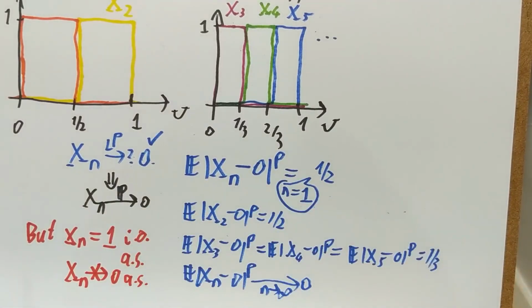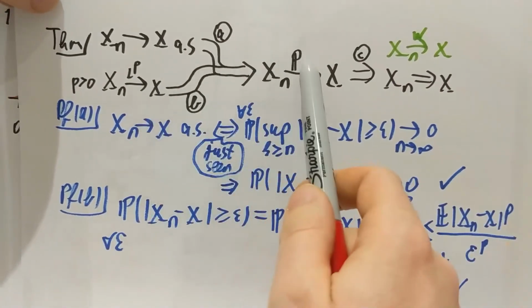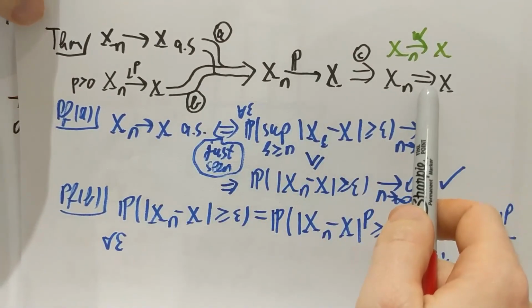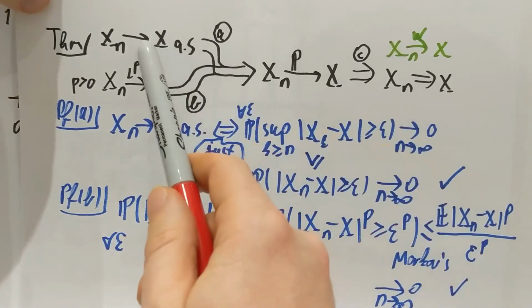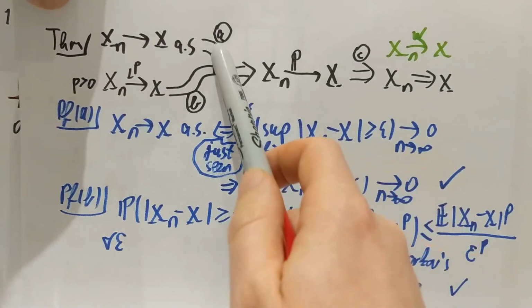Of course, it cannot converge anywhere else either. And therefore, we found an example which converges in Lp, converges in probability, and converges weakly to 0, but does not converge almost surely to 0. So this implication is not true.